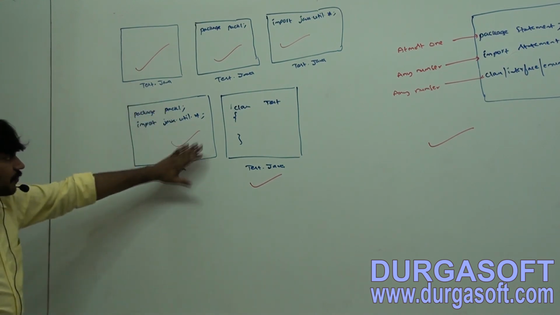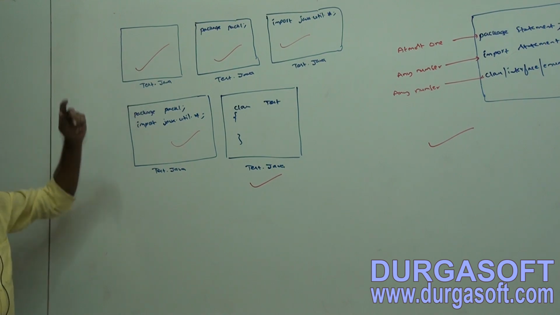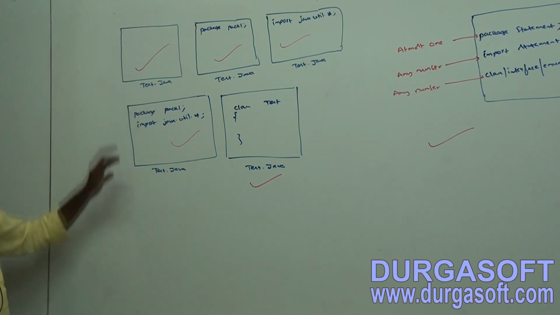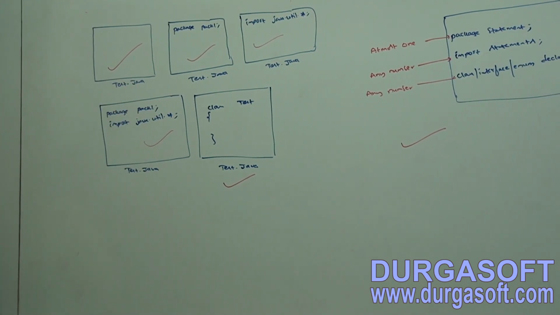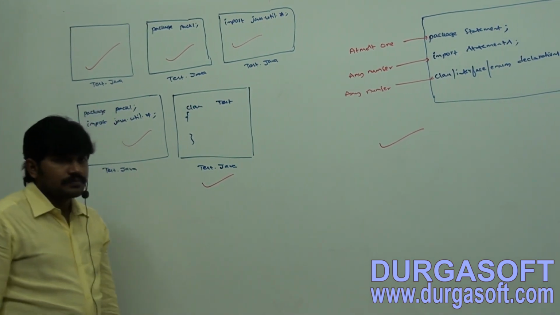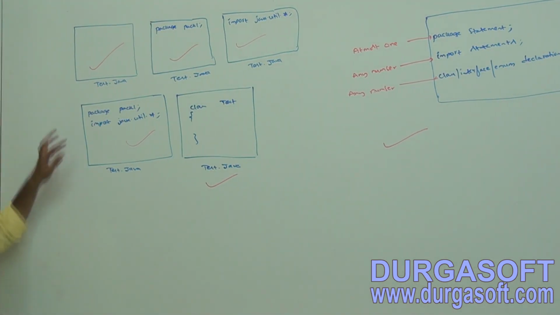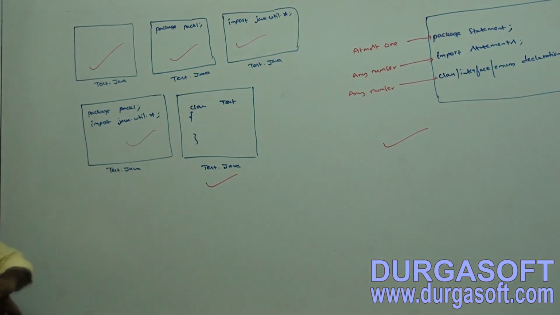So take all these five things. Take an empty source file: the program which doesn't contain anything. Then the program which contains one line, package. The program which contains import. The program which contains package and import. Next, this one is nothing but class test.